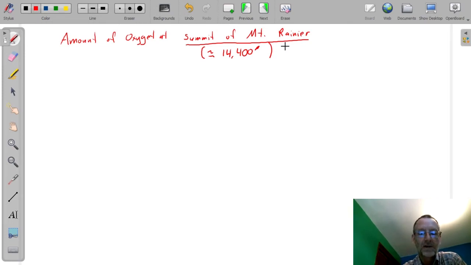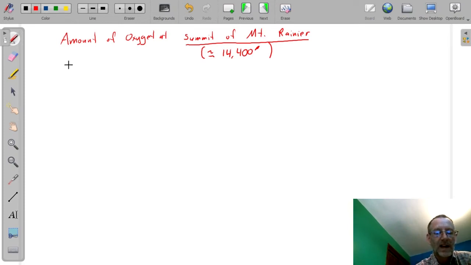And so I just Googled it and asked what's the atmospheric pressure at the summit of Mount Rainier, and Google came back with it being 40% less than what's at sea level. So we know that there's 760 millimeters of mercury at sea level, times 40%.